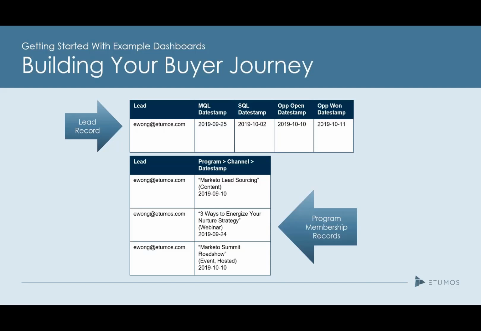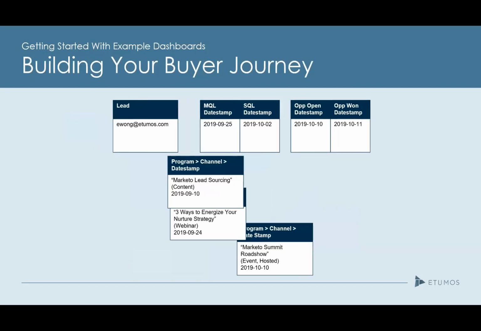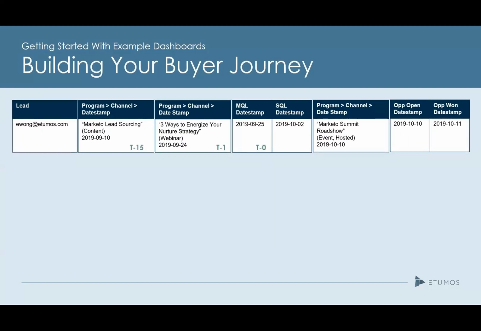But how do you go about and process this data in a way that allows you to tell that story? Now, this animation is going to make it look a little easier than it actually is. Obviously, there is a little bit of complexity to it, but essentially you take all of those different programs that the person engaged with and you start stitching that together into a logical journey, right?